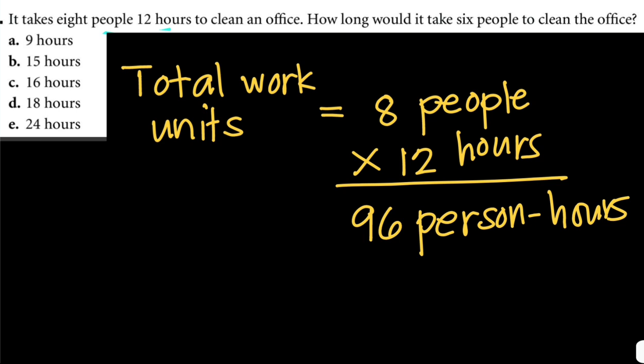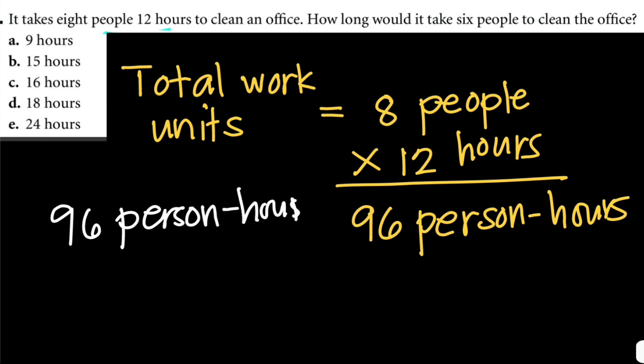And now to calculate the time for 6 people to clean the office, we just divide the total number of hours or total work units by the new number of people. So that would be 96 person hours divided by 6 people.